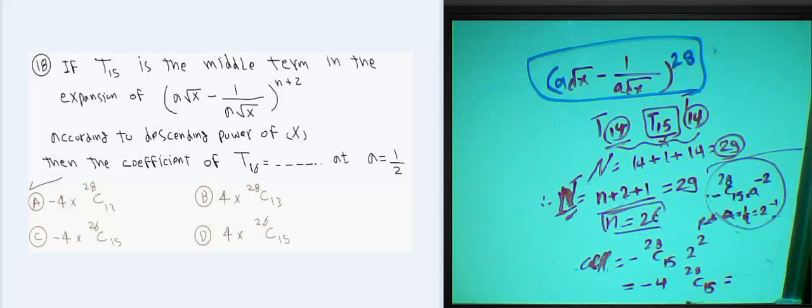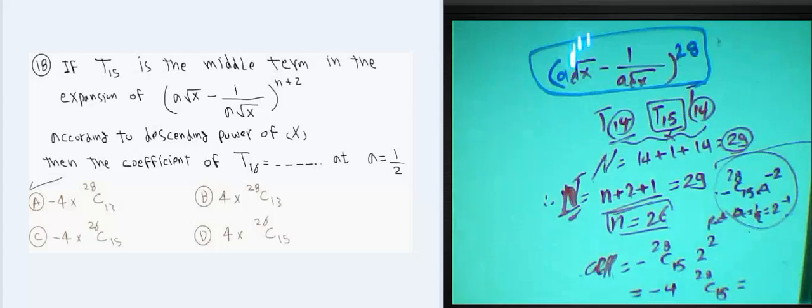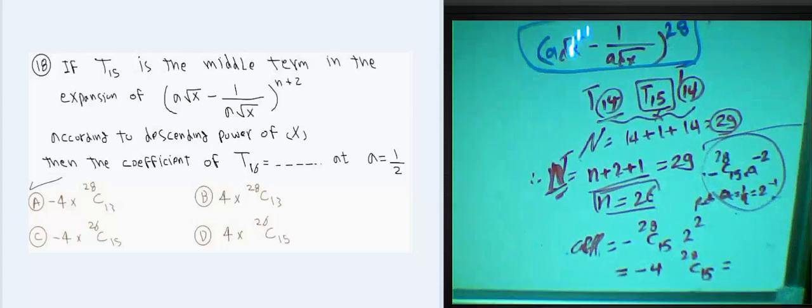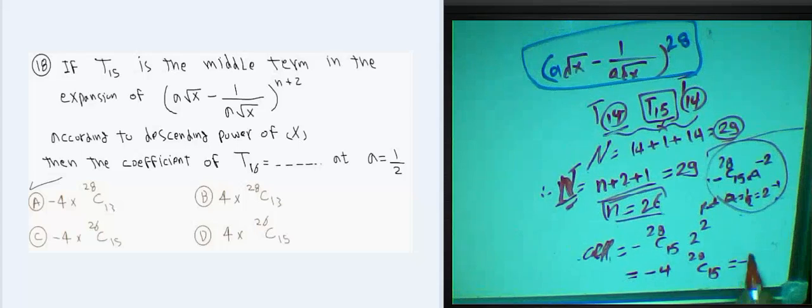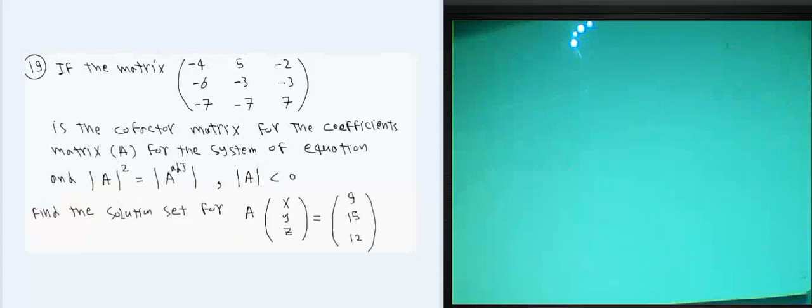You can simplify it to choose the correct result: 28 subtract 15 equals 13. So the result will be -4 times 28 combination 13. So the result will be letter A. Choose letter A for question 18.